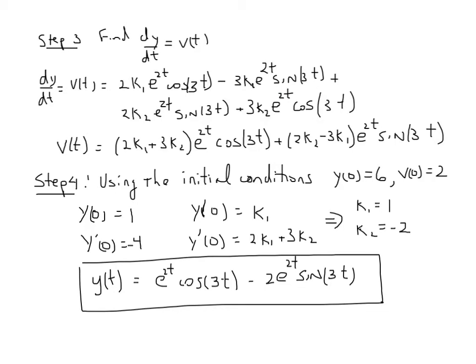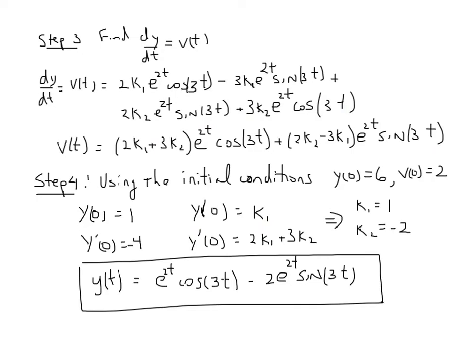Finally, we can now apply the initial conditions from the previous slide. Taking t equal to 0, the only term that survives is a k1 term. Turns out I can't go back to that, so we'll stay right where we are.